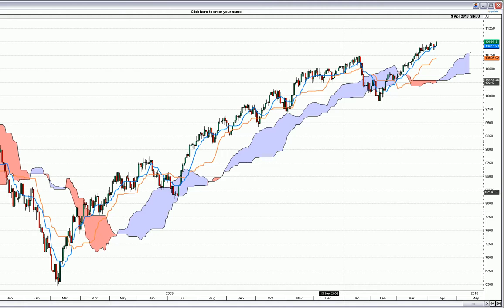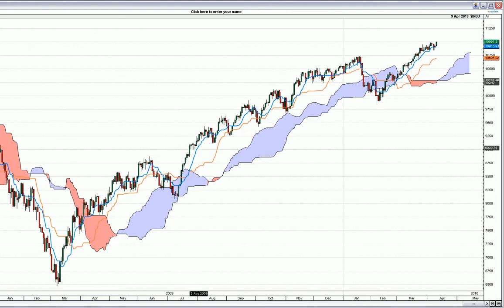First thing I need to do here is to explain the blue line. The blue line in Japanese is called the Tenkan line, or the turning line. It's an average of the highest high and lowest low over the past 9 days.